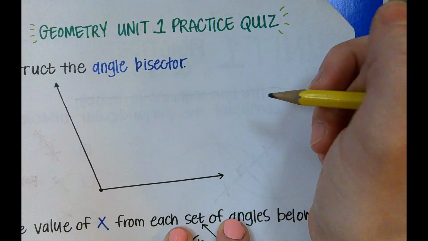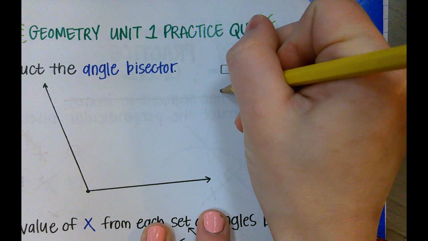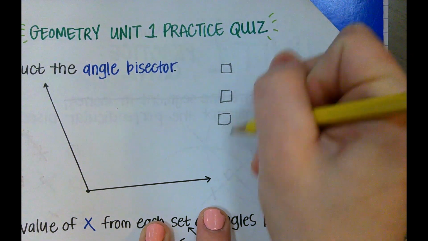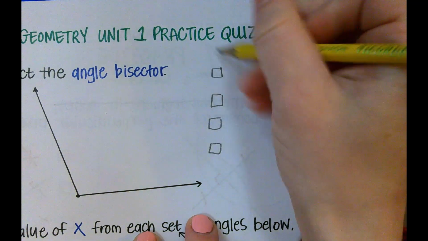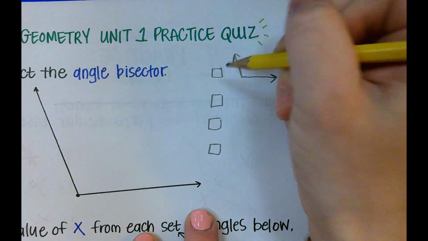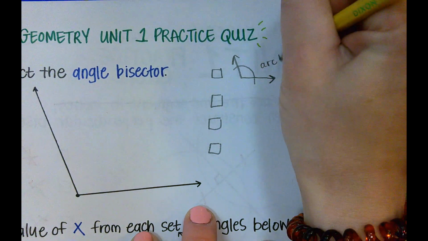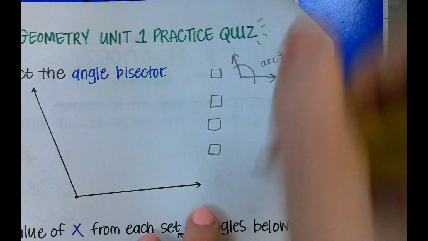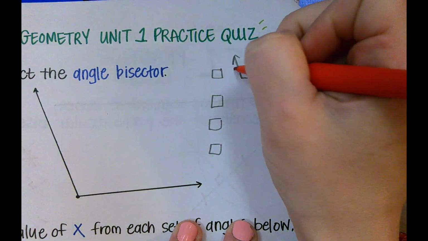There are going to be 4 things I look for on this one. And I'm going to list those out for you. 1, 2, 3, 4. So the first thing I'm looking for is that on your angle, you have arc number 1 that you draw. And I'm going to highlight that with the red.